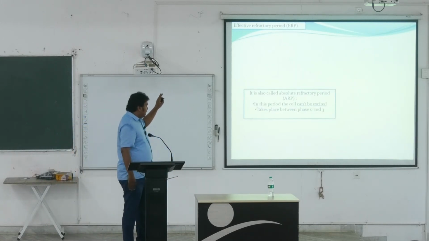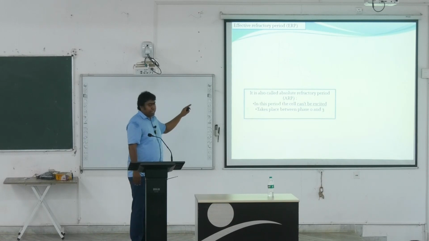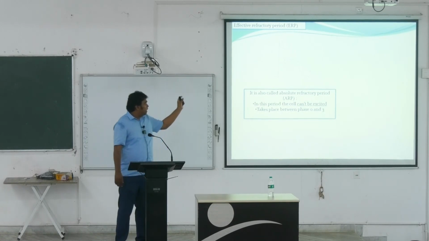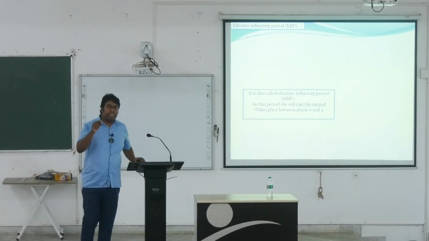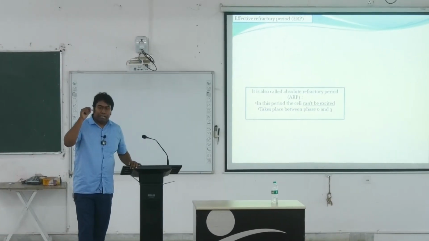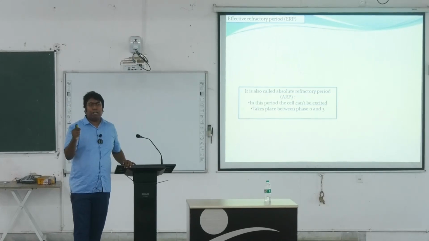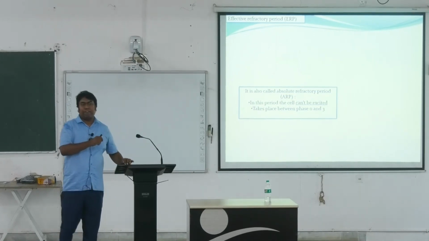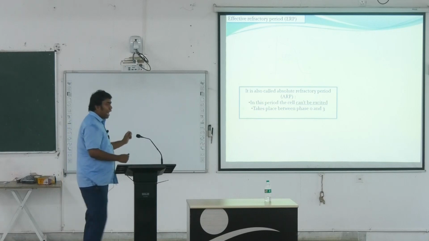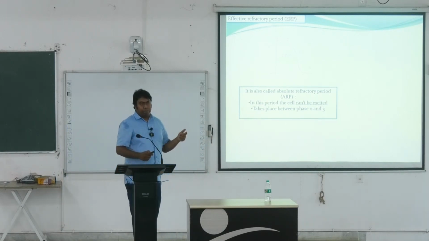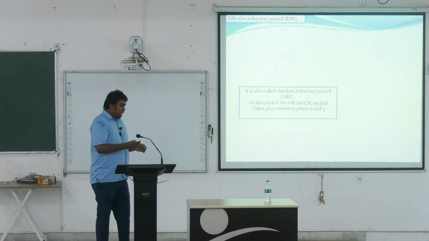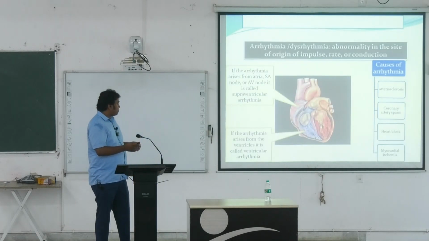Another thing is the effective refractory period. This is the green side. It shows the effective refractory period. That means even the highest stimulus going inside this effective refractory period cannot produce a second impulse.